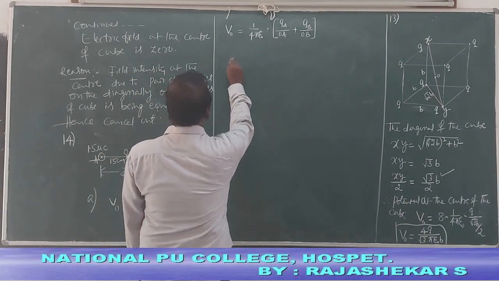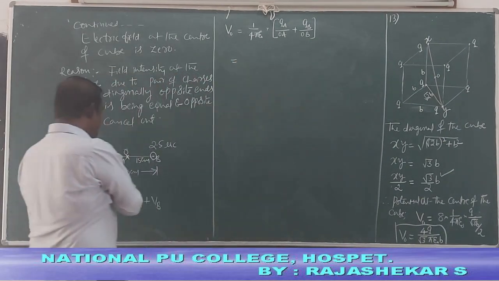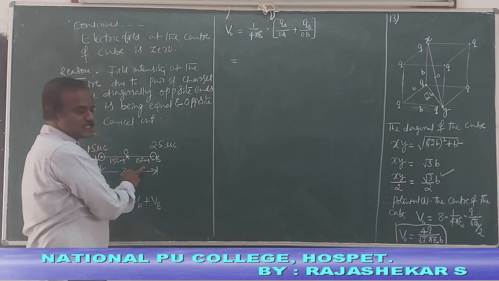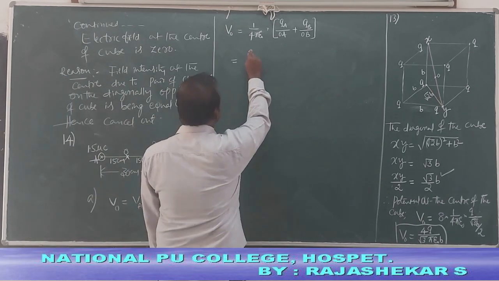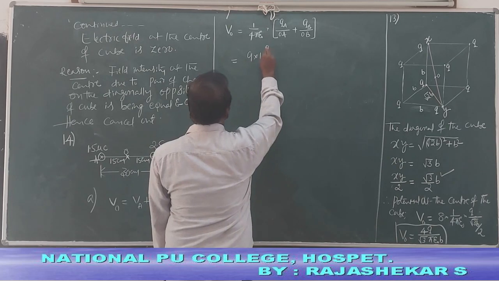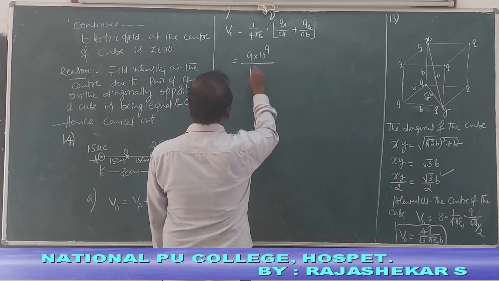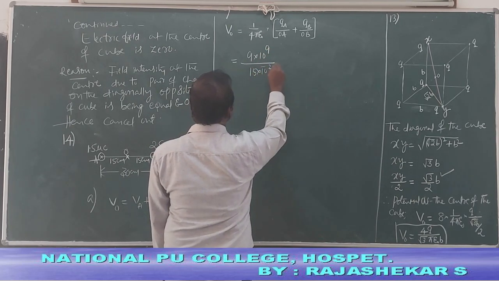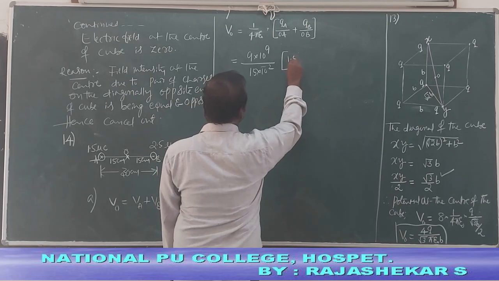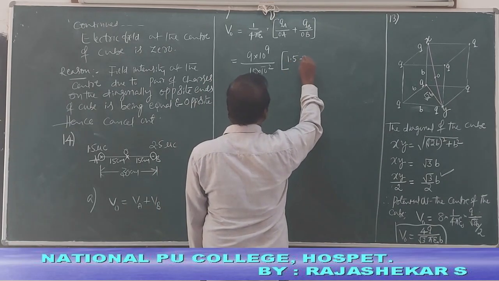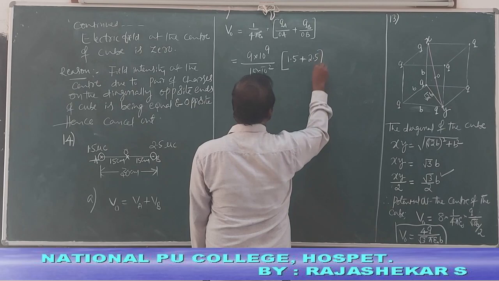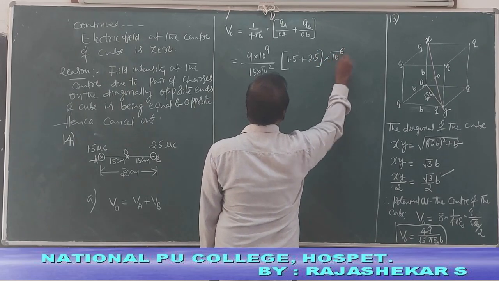Now let us substitute. OA and OB are the same, 15 centimeter, because it is the midpoint. So directly we go with the values: 9 into 10 to the power 9 divided by 15 into 10 to the power minus 2, into (1.5 plus 2.5) into 10 to the power minus 6.